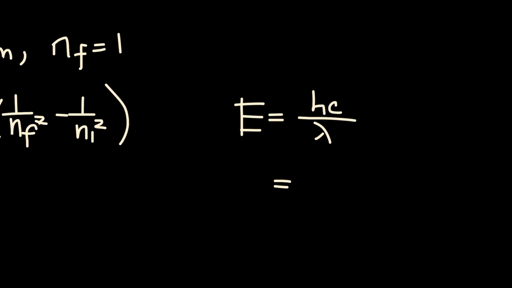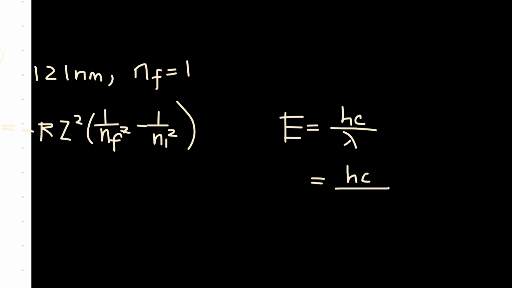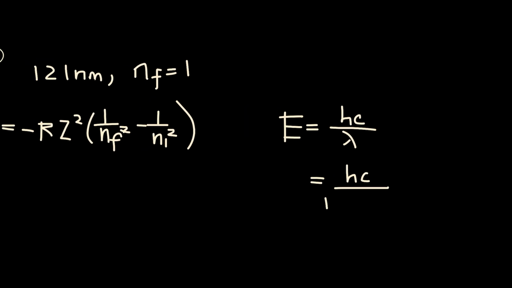We know h is 6.626 times 10 to the negative 34, and c is the speed of light, which is 2.998 times 10 to the 8 meters per second. And because these are all in meters per second, our wavelength also has to be in meters instead of nanometers.